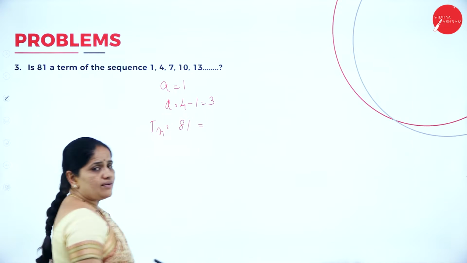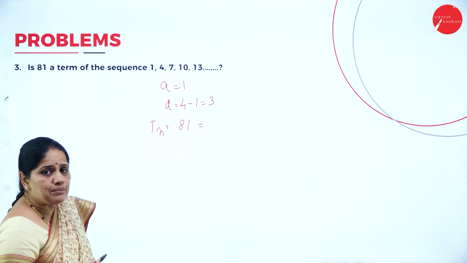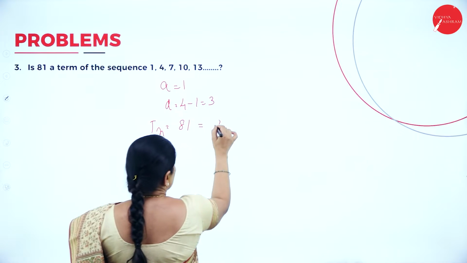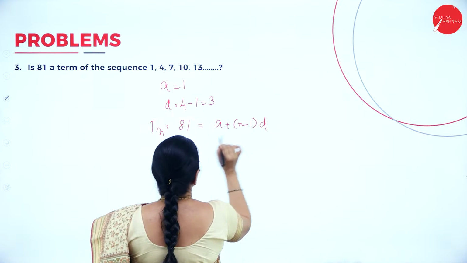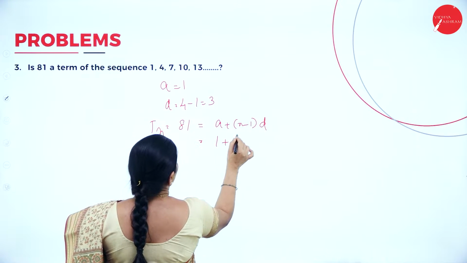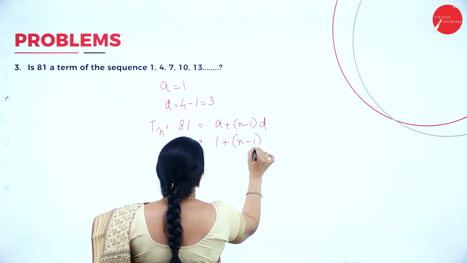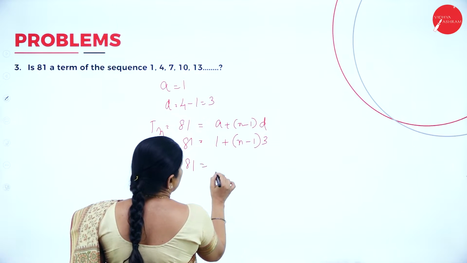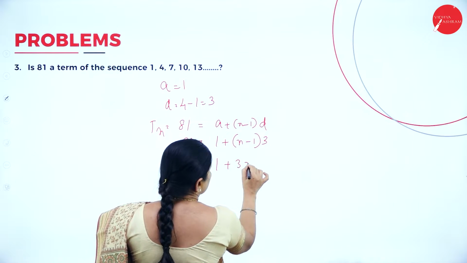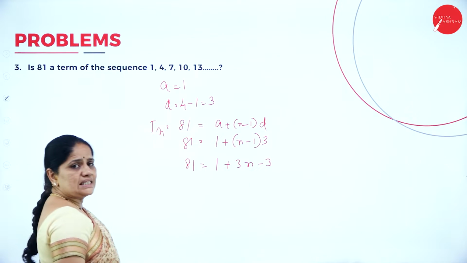So, what is the Tn formula? A plus n minus 1 into D. So, what is A? 1. So, we don't know n, and A plus n minus 1 into D equals 81. So, 81 will be 1 plus 3n minus 3.